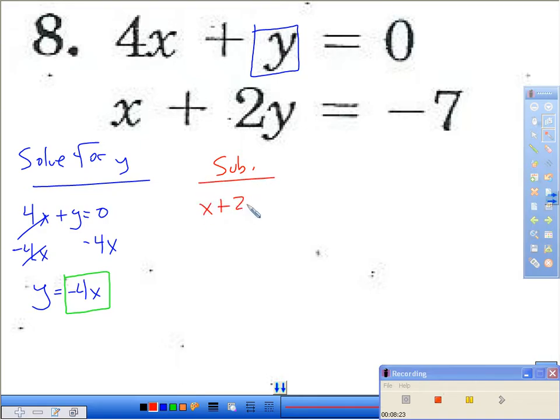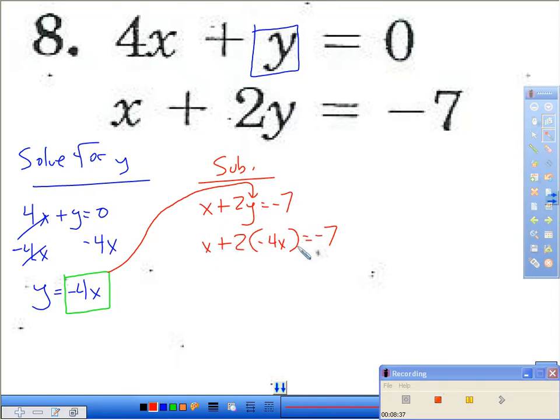So with that being said, let's take the second equation, the one that we haven't dealt with yet. x plus 2y equals negative 7, and I want to put negative 4x in place of y. And what that's going to give us then is x plus 2 times negative 4x equals negative 7. Now we have an equation that instead of having x's and y's just has x's.